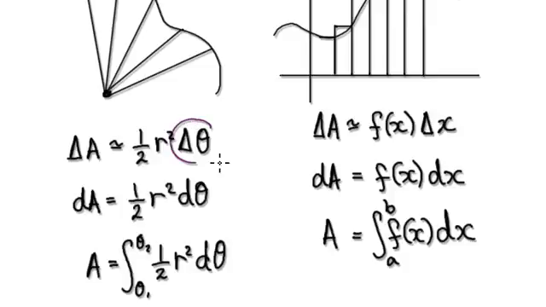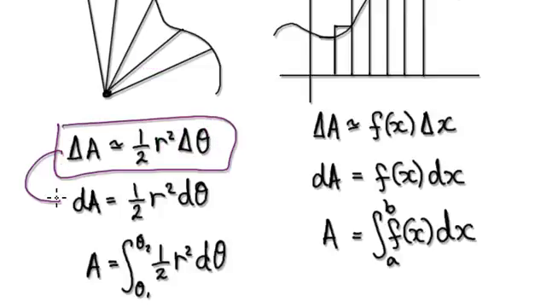And now take the limit as delta theta. So this here is delta theta, the small change in the angle. Decrease the small change in the angle, take the limit as delta theta tends to 0, then you can jump from here to here and then integrate both sides.